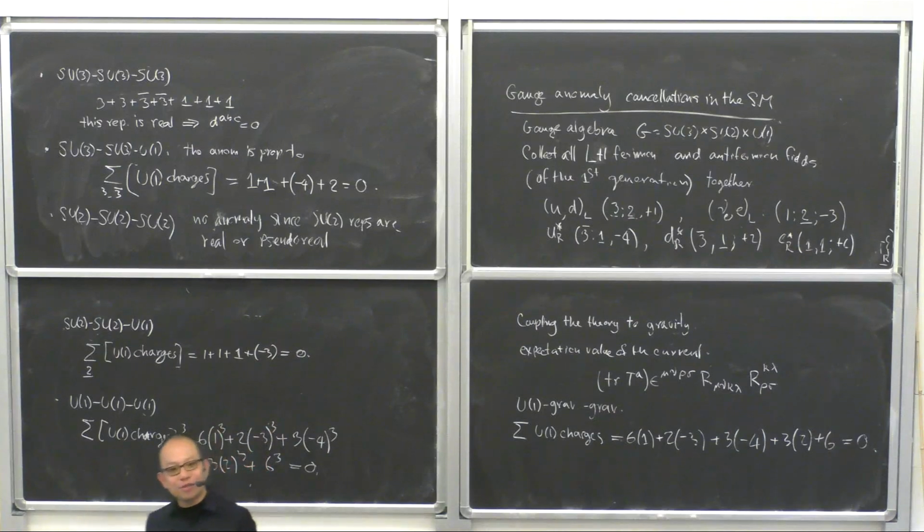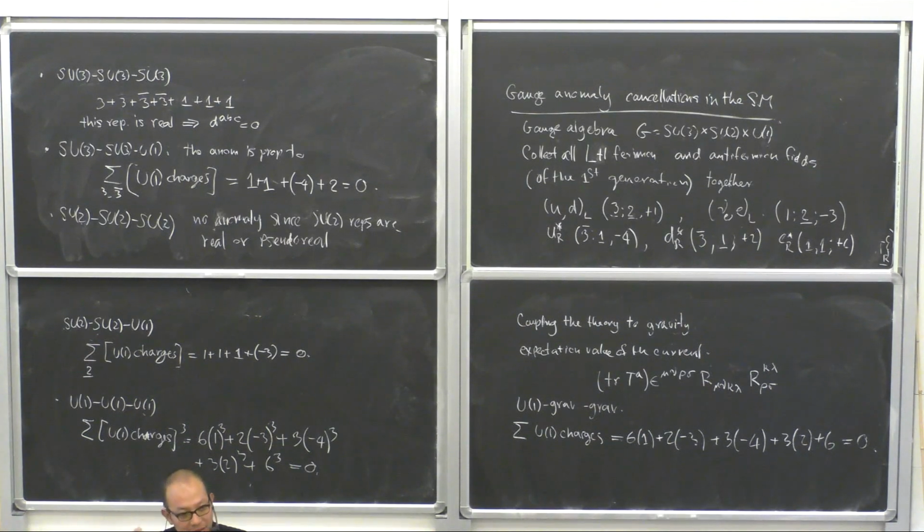What have we done so far? We looked at the anomaly that comes from the Fujikawa method. You have seen that we look at the axial current. Even if the theory has an axial current, the ABJ anomaly doesn't mean that the theory is inconsistent, right? ABJ anomaly was fine.